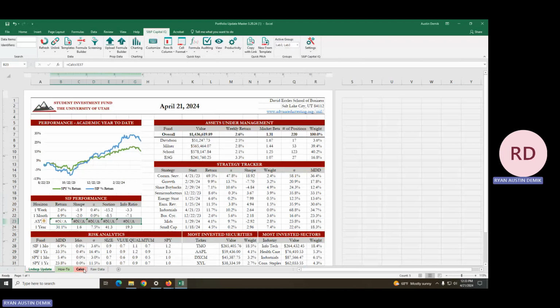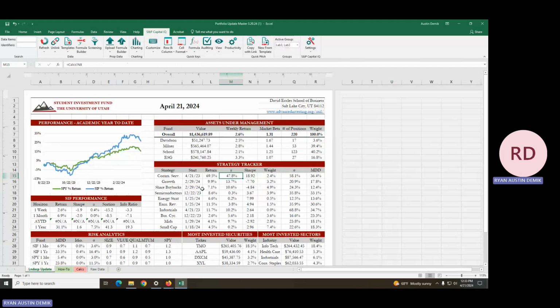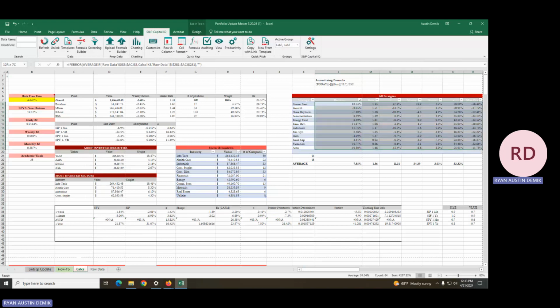You'll notice too, this is basically just referring to this table right over here. One thing I think we talked about a while ago is we basically just needed to refresh this page and refresh this page.